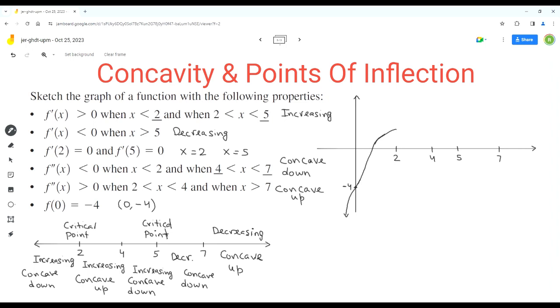Now between 2 and 4, the function is increasing but concave up. So that means from left to right, the graph has to go upward but should be concave up. So we can show it like, no, not like this. Okay, so like this.